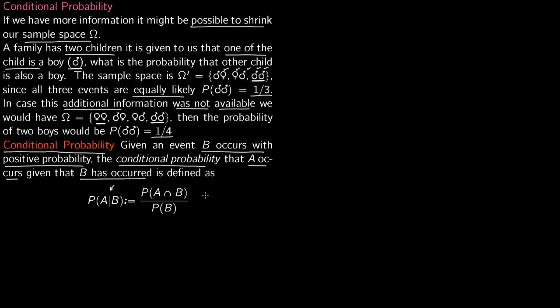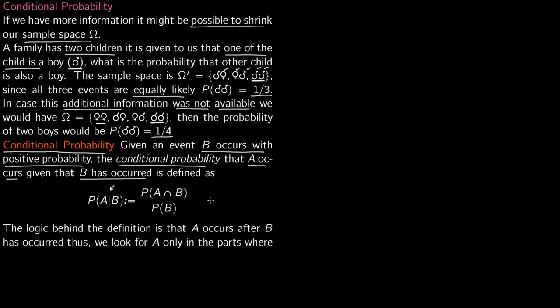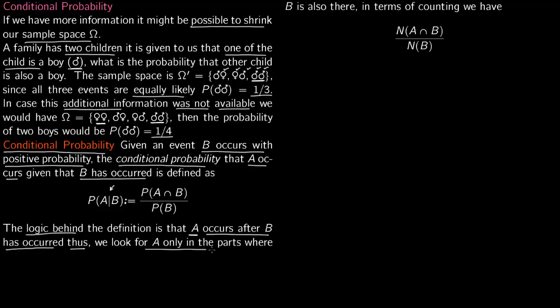Now the logic is the same as the example above, and let us see this logic more closely. So the logic behind the definition is that A occurs after B has occurred. Thus we look for A only in the parts where B is also there.